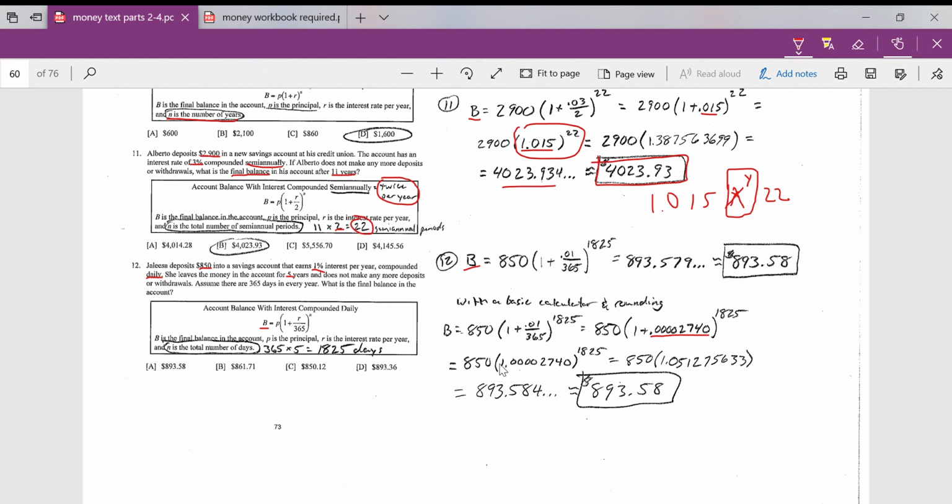Now you have this number, and we need to do the exponent first before we multiply, because in order of operations, you do the exponent first. So you'd have this number in your calculator, hit that XY button, and then 1,825. Now you would get this 1.05 number, and then times your principal of 850, and you get this, rounded and keeping it at 58 cents. Here's your answer.